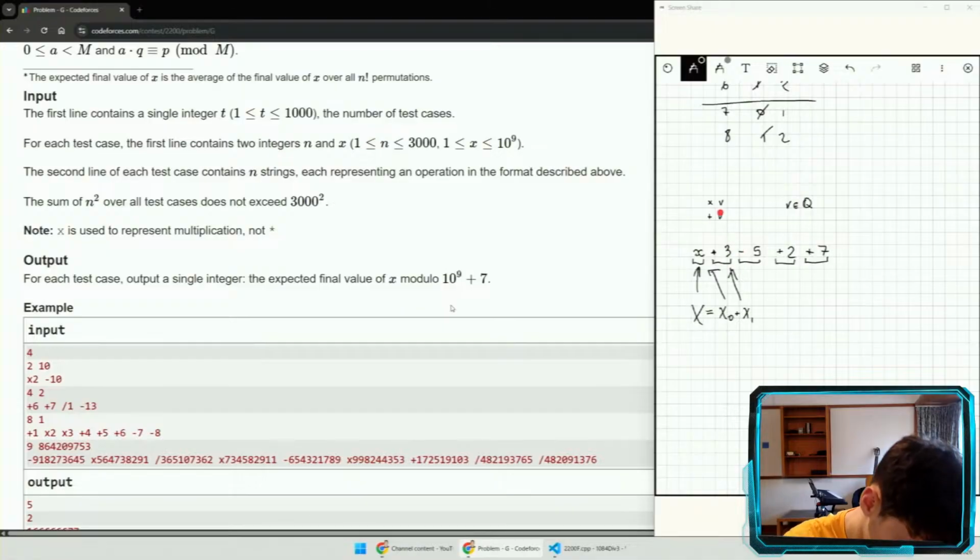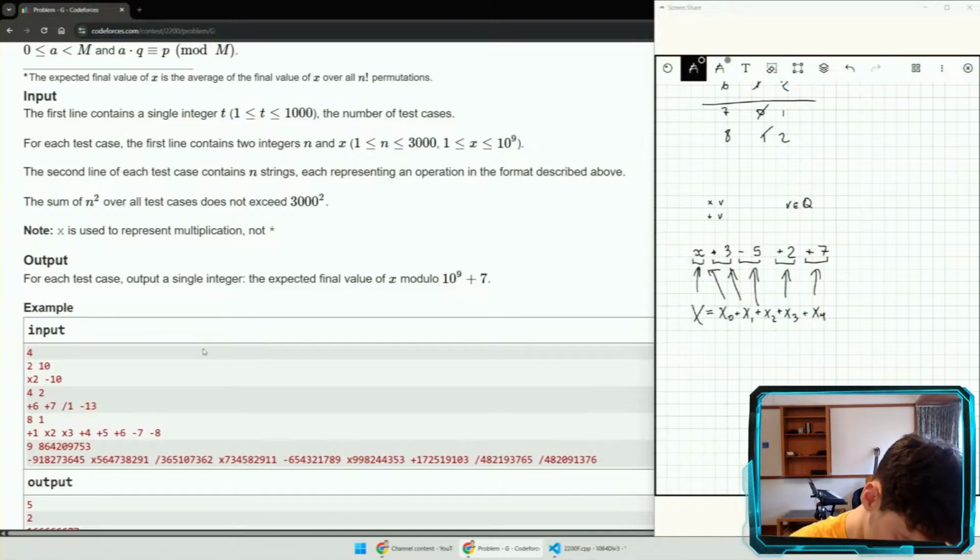Let's say we number these addition operations. In the sample, +1, +4, +5, +6, -7, -8, we number them 1, 2, 3, 4, 5, 6, then x1 plus x2 and so on, and these random variables are how much each addition contributes to the final answer. If one of these additions, let's say the +7, happens after all the multiplication operations, then it'll just be +7.